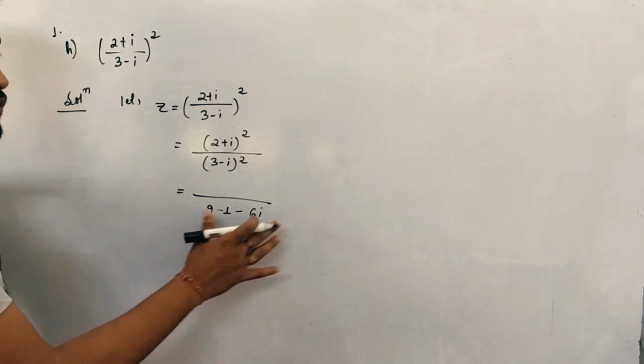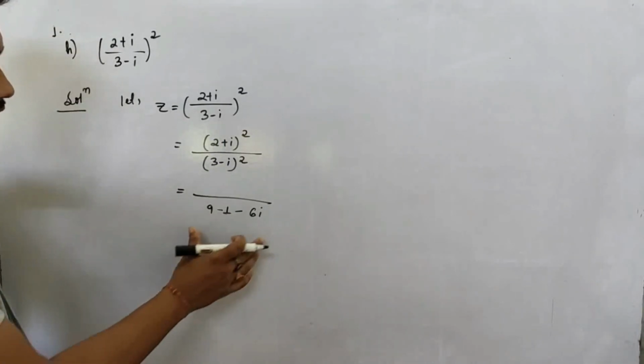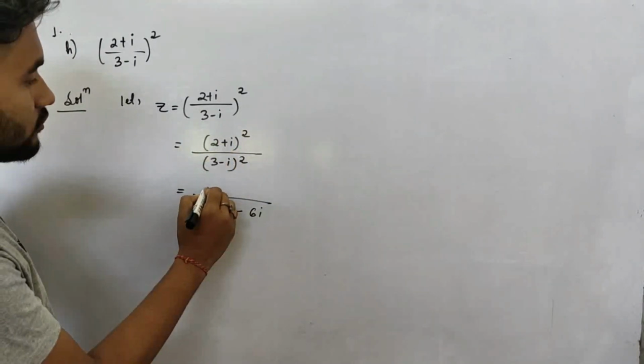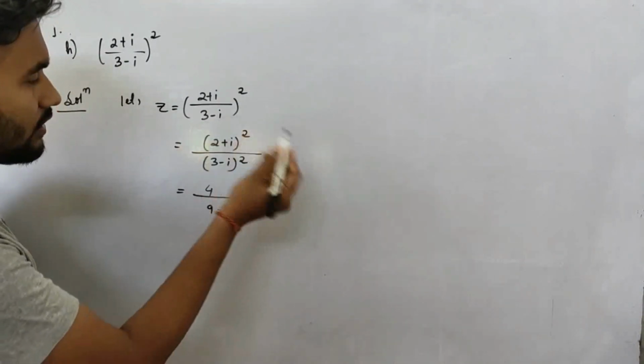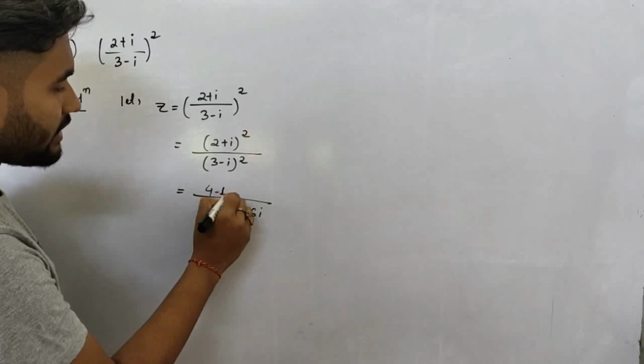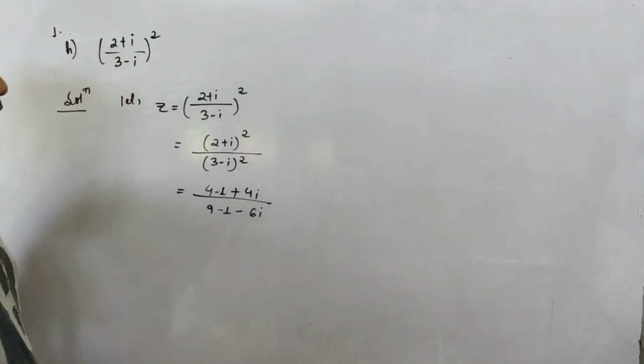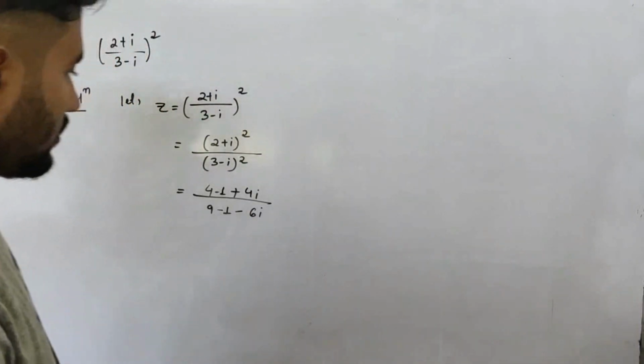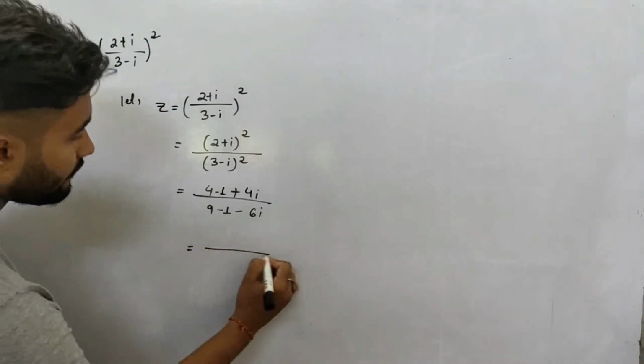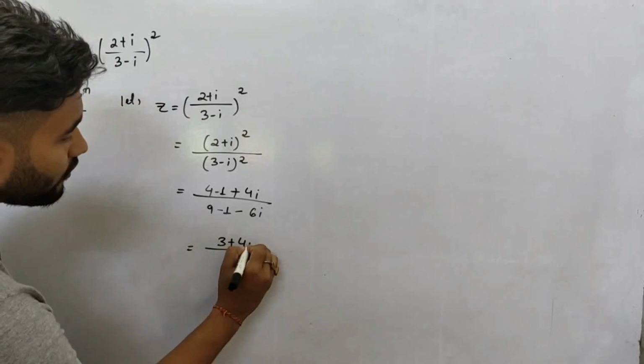I am doing it directly; if you want, you can do it step by step. Over here also, 2 square is 4 plus i square, that is minus 1, and then plus 2 times 2 is 4i. After solving this, I will get 4 minus 1 is 3 plus 4i.